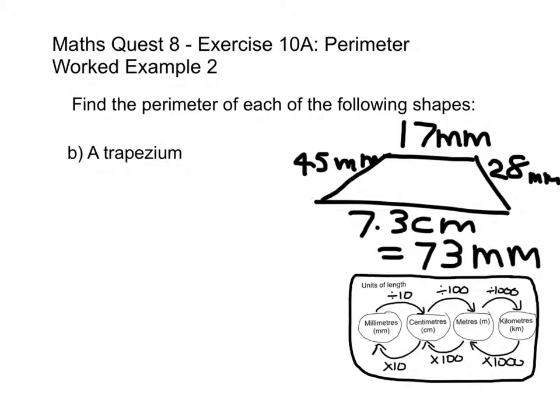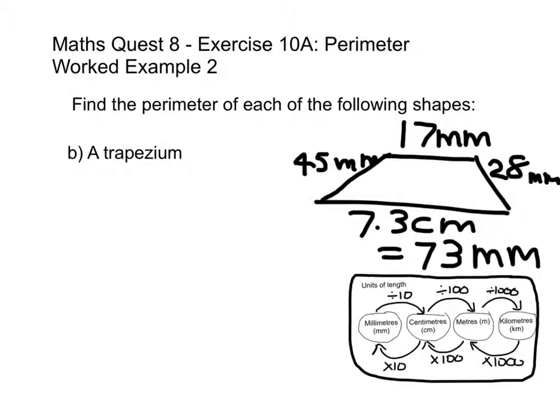And even though I did that in my head, you can do it by jumping the decimal place by saying there's 1 zero. So I'll just jump my decimal place one jump to the right to get 73.